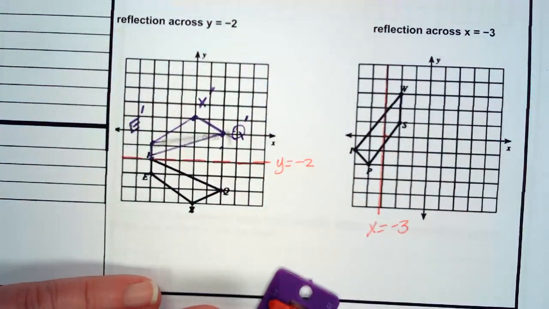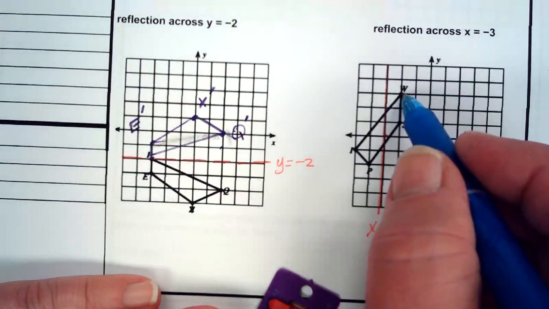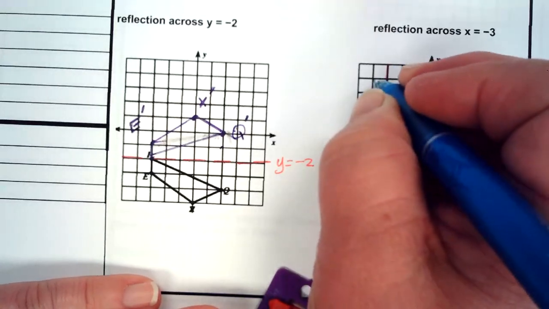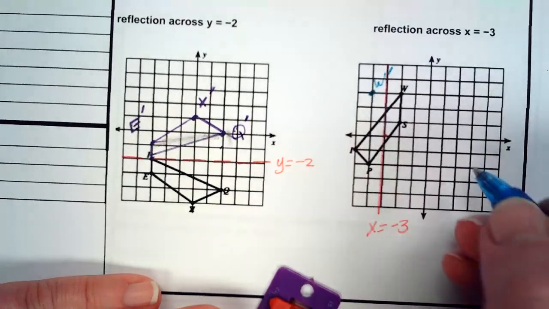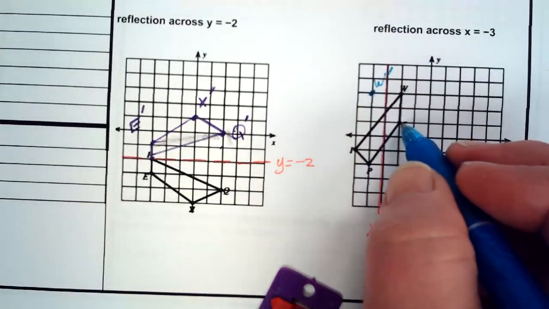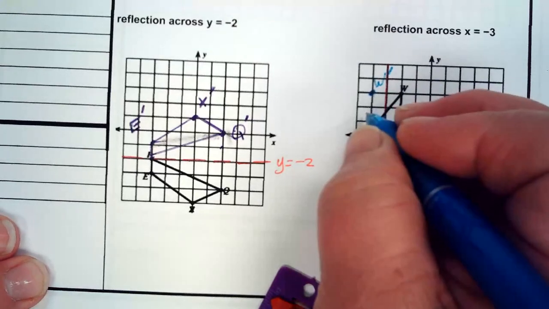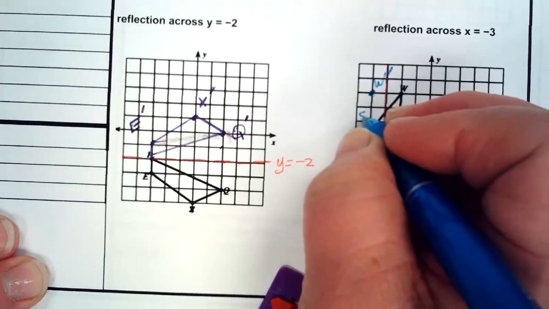Now it becomes a counting game. This is 1 to the right, I go 1 to the left, and this will be W prime. This is 1 to the right, I go 1 to the left, and this is S prime.